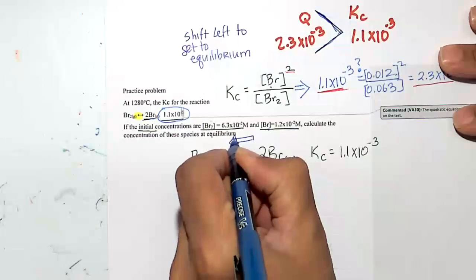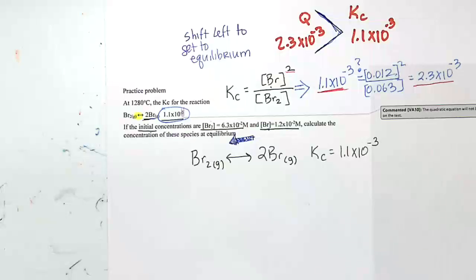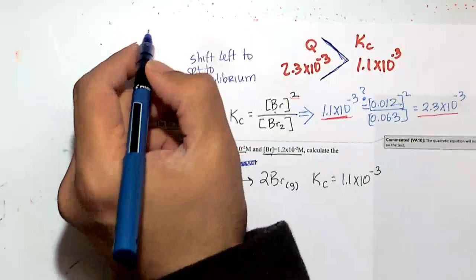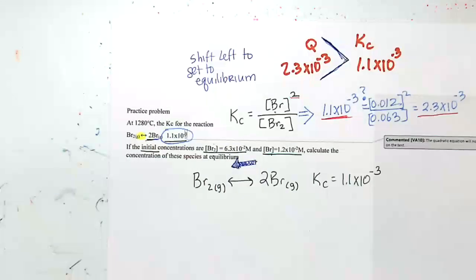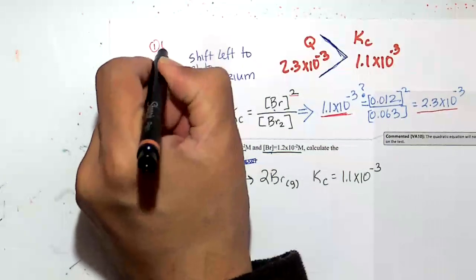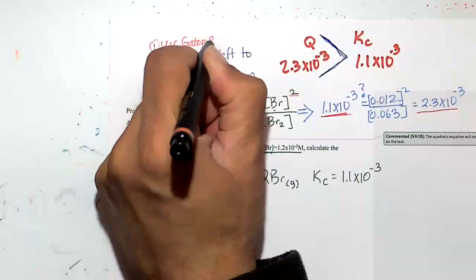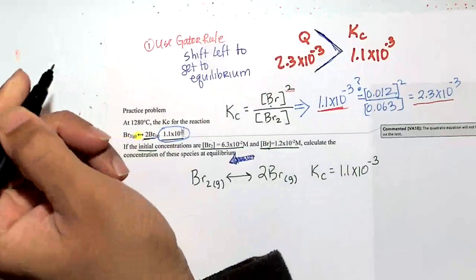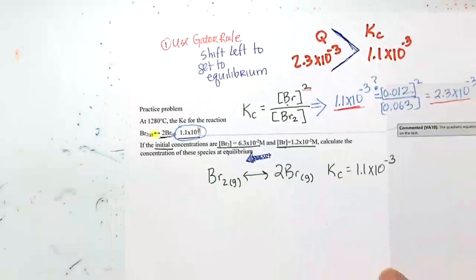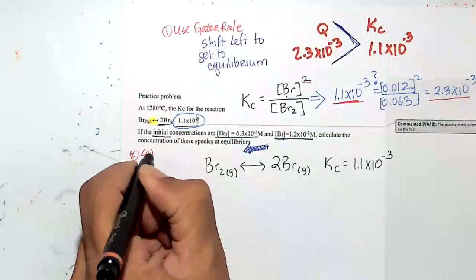It's going to shift to the left. So to solve this problem, number one, we'll set up the gator rule to determine which way the reaction shifts to get to equilibrium. Step 2 now is to set up our ICE table.